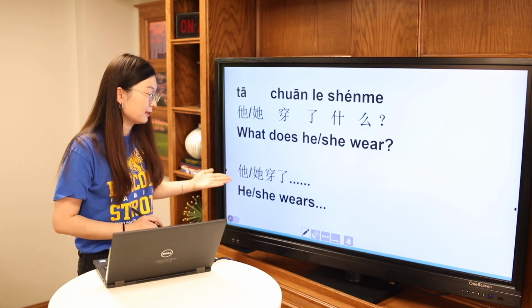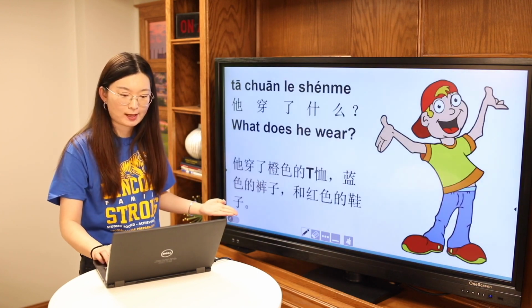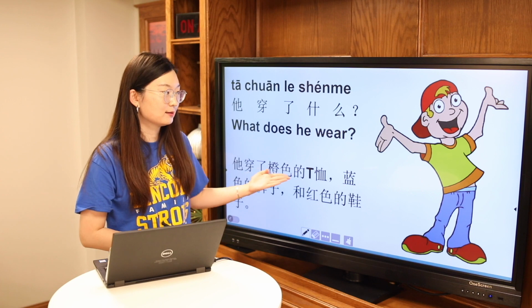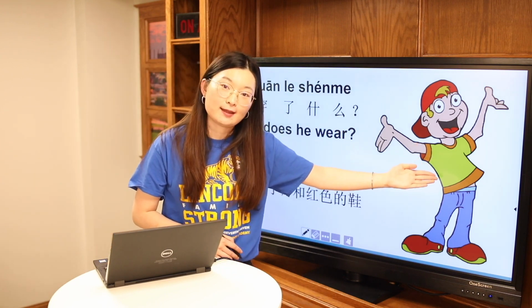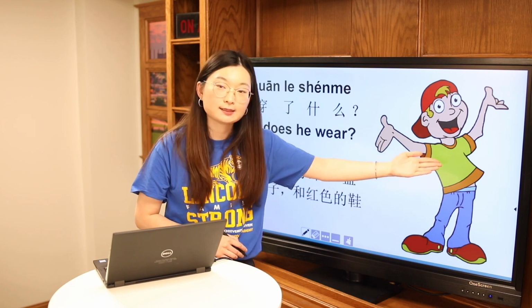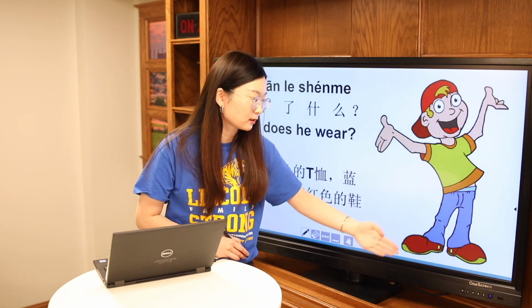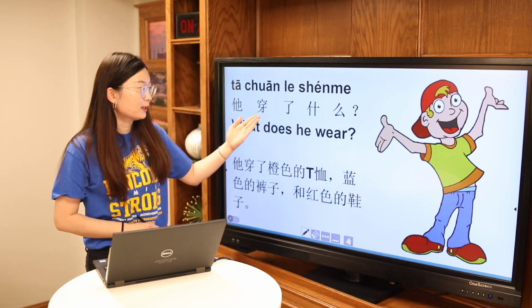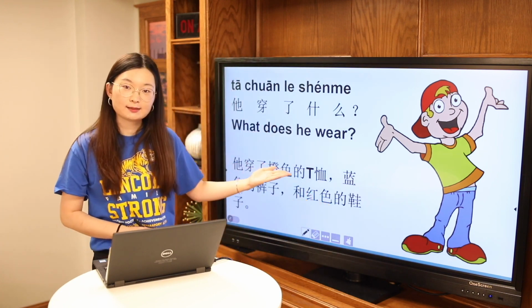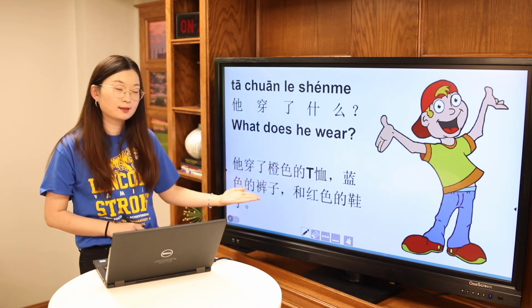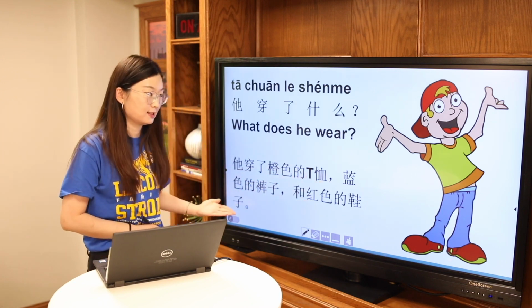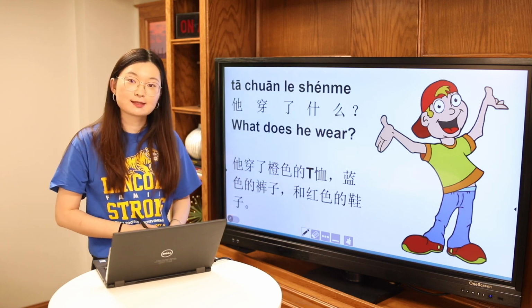And then you can say 他穿了, for example this one, 他穿了橙色的 T恤. You can add the color to it. 他穿了橙色的 T恤, 蓝色的裤子和红色的鞋子. Okay, 他穿了什么? 他穿了橙色的 T恤, 蓝色的裤子和红色的鞋子. Okay, so these are the sentences you are going to use to describe 他穿了.